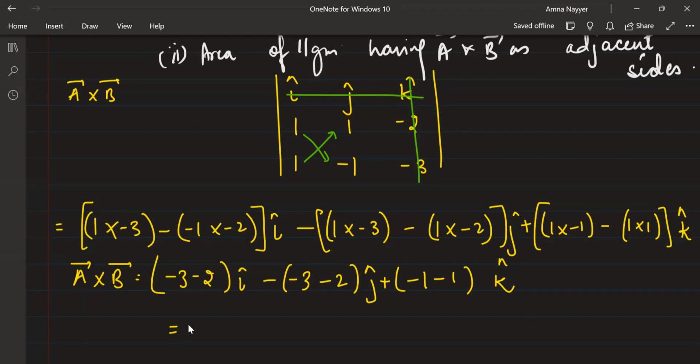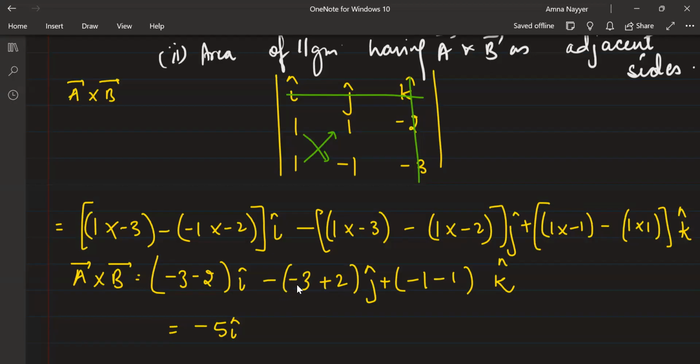Now class, can I write the resultant as minus 5 i cap? See, minus 3, sorry, this is minus 3, this is minus of minus 2, so it will be plus 2.